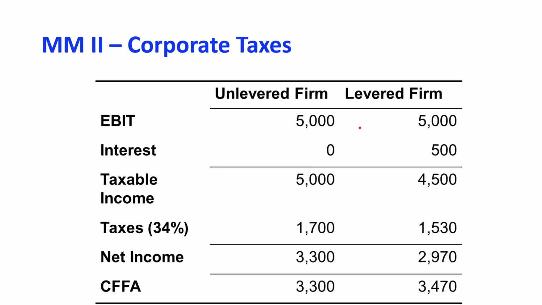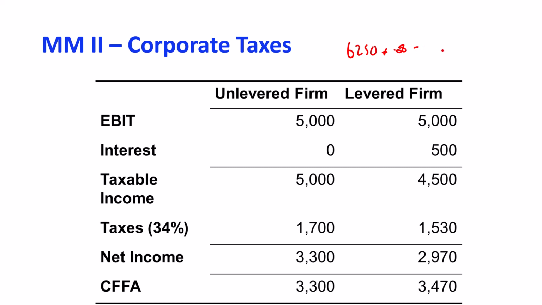Let's look at an example. Here we have two identical firms. One is levered and the other one is unlevered. So everything is the same in these two firms except how they finance their assets. That's why we see that both of them have the same earnings, $5,000, but one of them has to pay interest. Let's say they have $6,250 in debt and the interest is 8%.